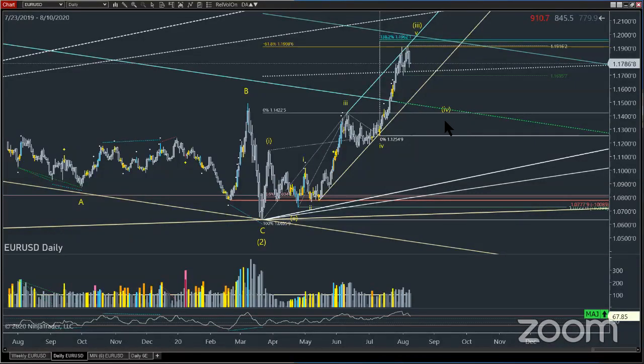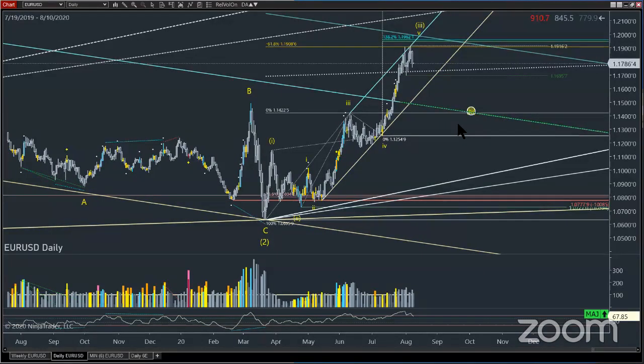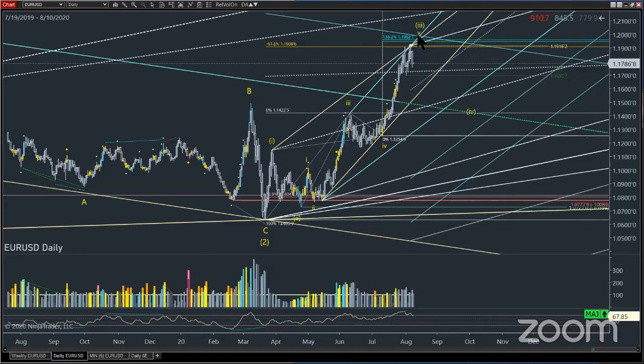And then to find wave 4, what would we do on this daily chart of the euro? Where's the end of wave 1 in parentheses? It's right here, right? So I'm going to go ahead and delete this channel because we've already hit it perfectly twice, rejected from it.